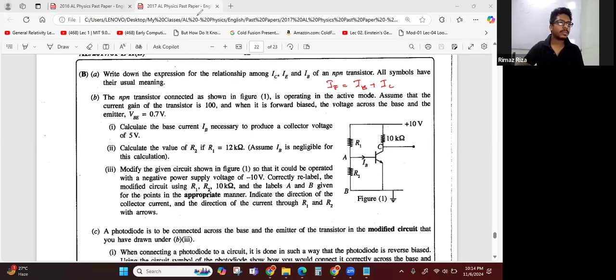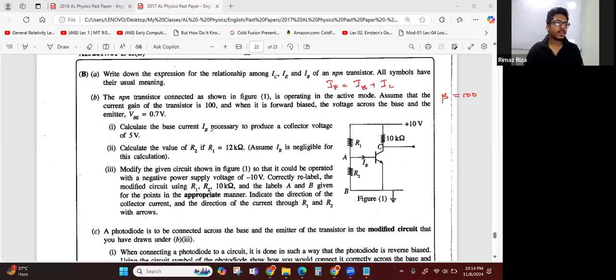So current gain is 100, that means beta equals 100. And when it is forward biased, the voltage across the base and the emitter is 0.7 volt. So it can be a silicon transistor. So here this BE junction is 0.7 volt.